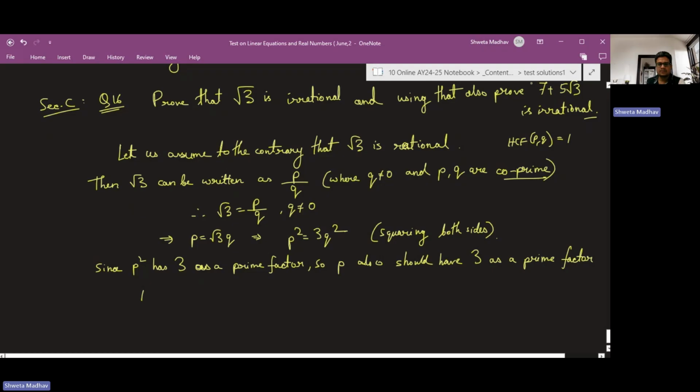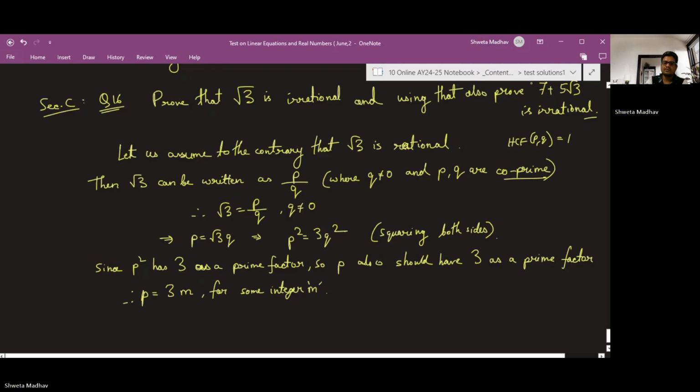Therefore we can take p as 3m for some integer m, since p also has 3 as a prime factor.